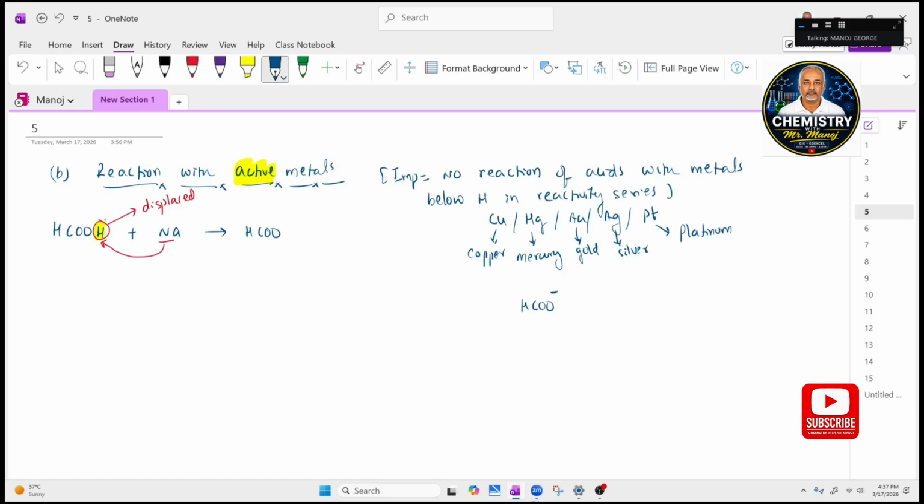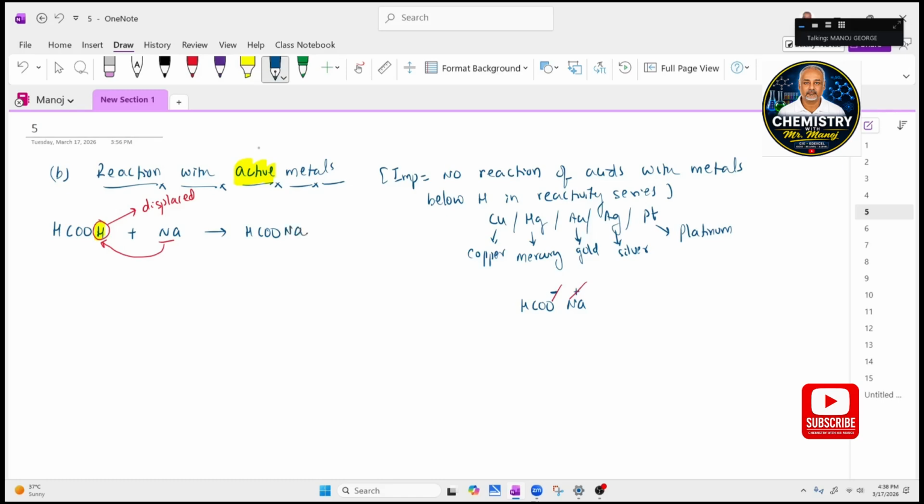You already know why it's negative, because H goes out as positive. Now what's the charge on sodium? You know from the periodic table, sodium is group 1, so it is +1. So could you guess what's going to happen? The negative and the positive get cancelled out. So this is how I come to know the formula of the salt.